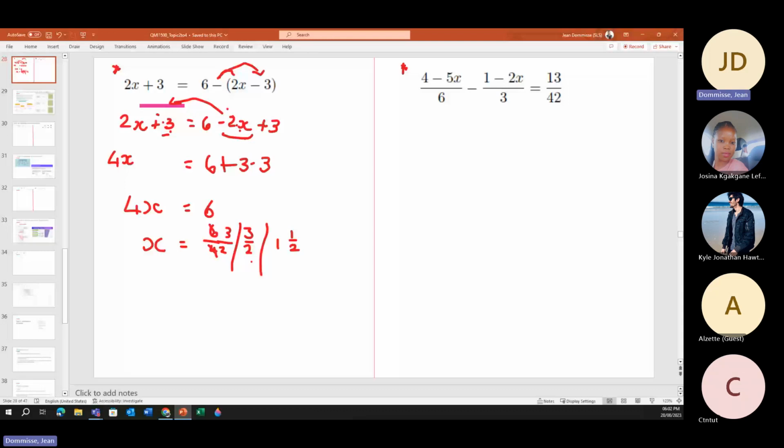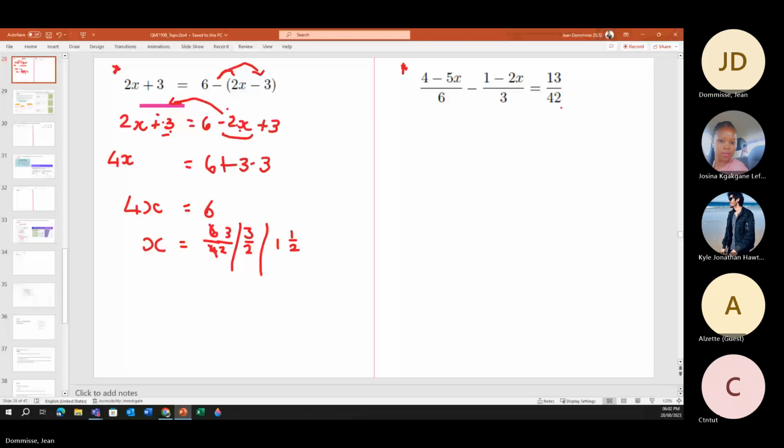Okay, so then from there we go to the next one. The next one is one of those where I need to get to the lowest common denominator, but with that 42, it is very difficult.